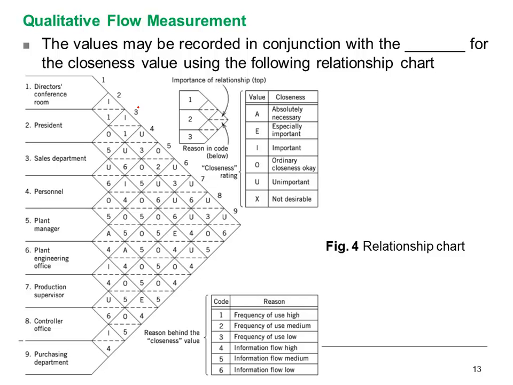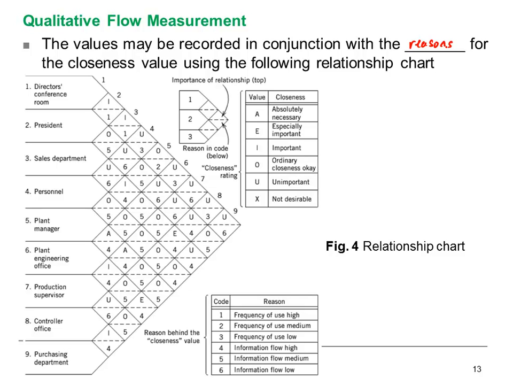So the values may be recorded in conjunction with the reasons for the closeness value using this relationship chart. Here we have the same information, the closeness rating in this table, and then we're also going to have a table with the reasons behind the closeness value.